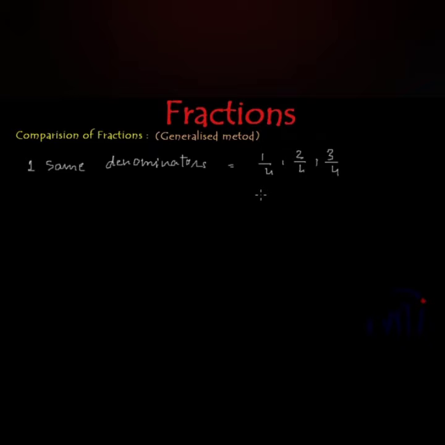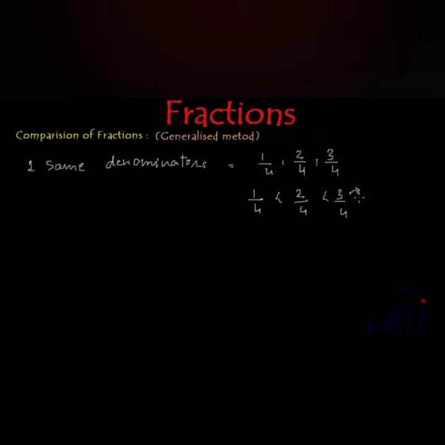We compare only the numerators. So the fraction which has lowest numerator is the smallest, right? Like 1 by 4 is smaller than 2 by 4, and 2 by 4 will be smaller than 3 by 4, right? So this is the method when we have same denominators of all the fractions.